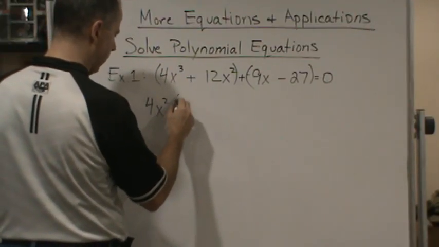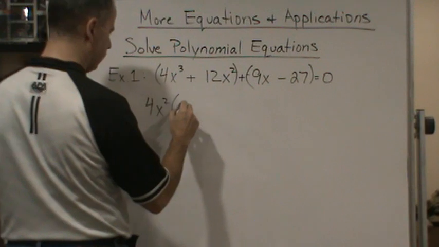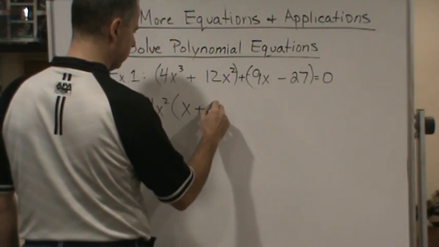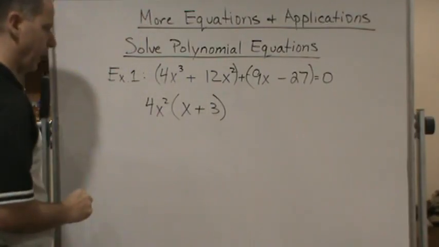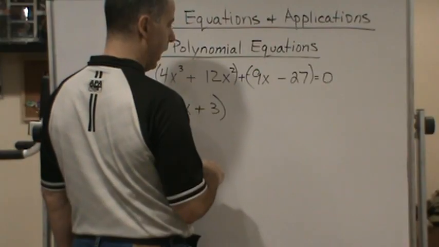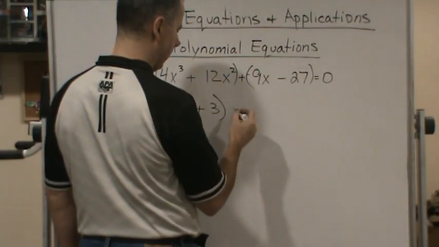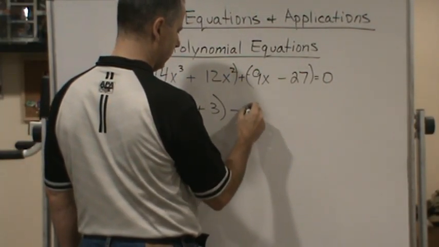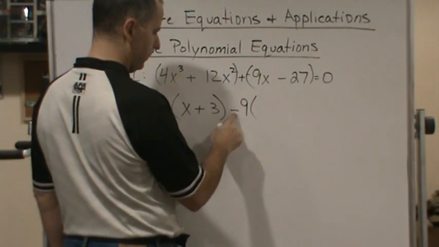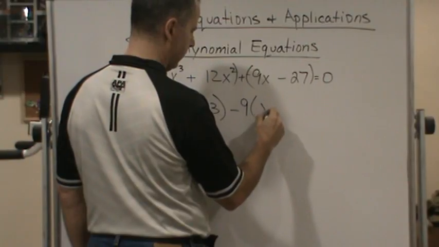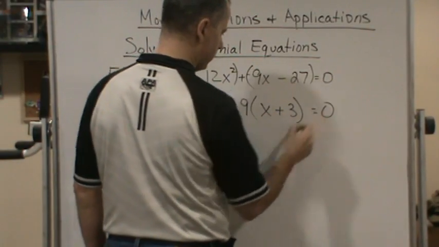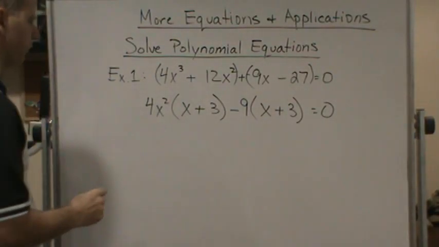So 4x squared, and that's going to leave us with x plus 3. Okay, and then over here we're going to factor out a negative 9. If we factor out a negative 9, we get the subtraction back, so subtraction 9, and then we get x plus 3 again. So there's our common factor that we're looking for.